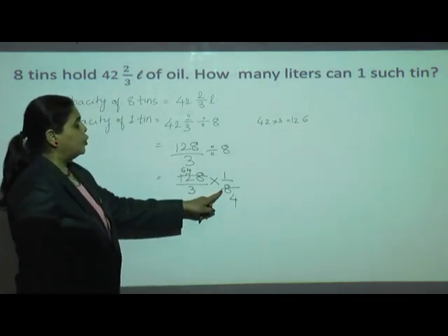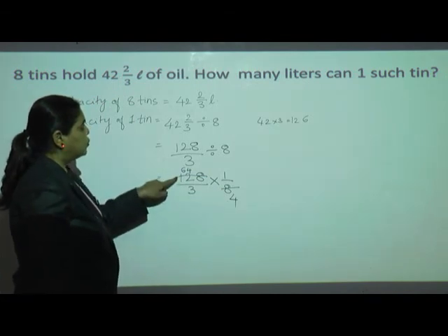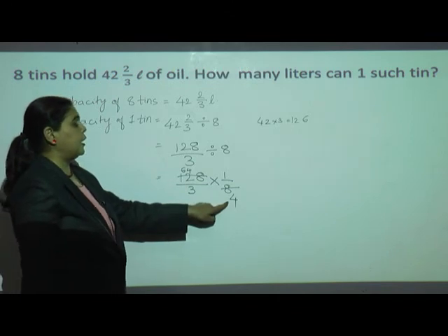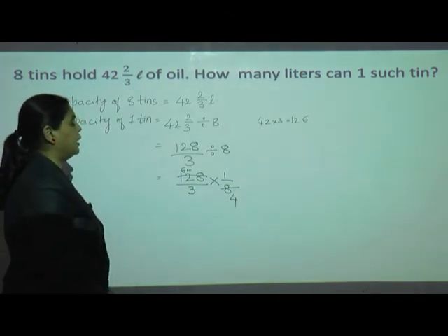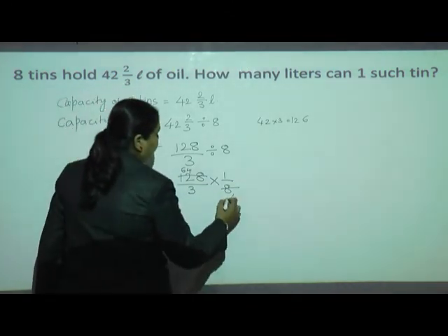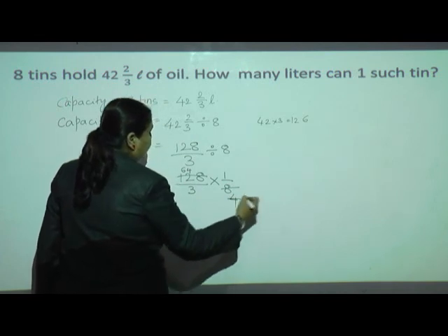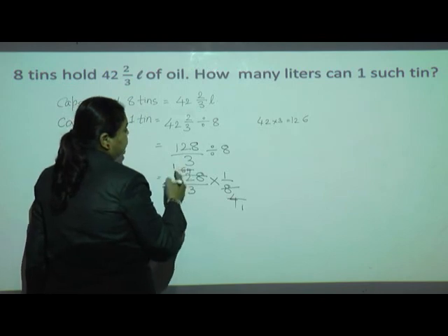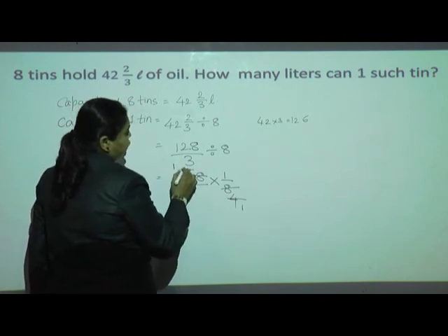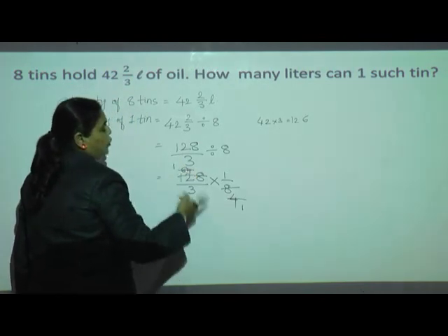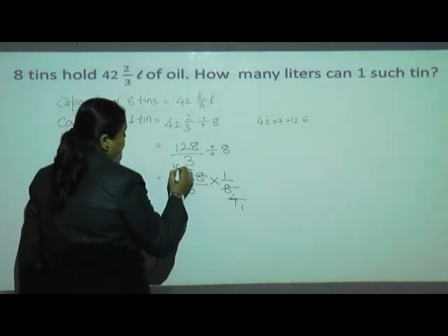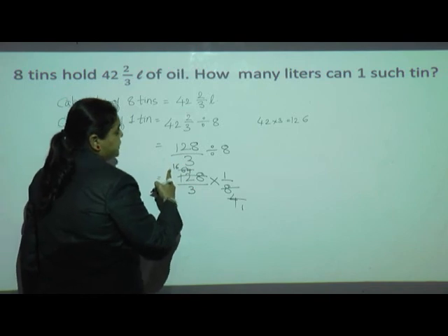Again we have a 4, so we can reduce it to the simple form again. We can go for 4 ones are 4. 6 minus 4 is 2 left. 24. 4 how many times is 24? 4 sixes are 24. So here will be 16.